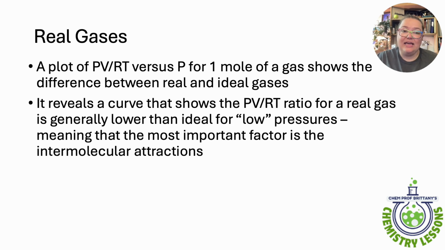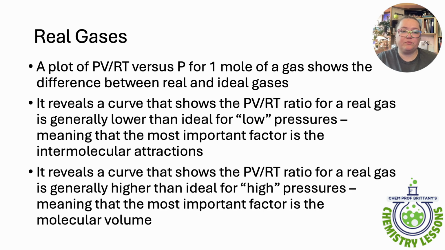And what we see is that at low pressures, our ratio is generally lower than it would be for an ideal gas, which shows us that the most important factor is intermolecular attractions at this low pressure. And then at high pressures, this ratio is generally higher than ideal, meaning that the most important factor at high pressures is the molecular volume.